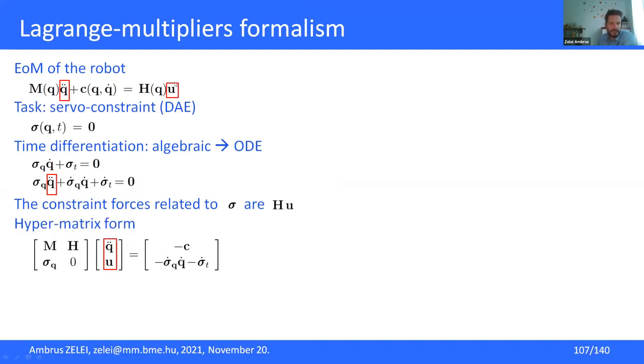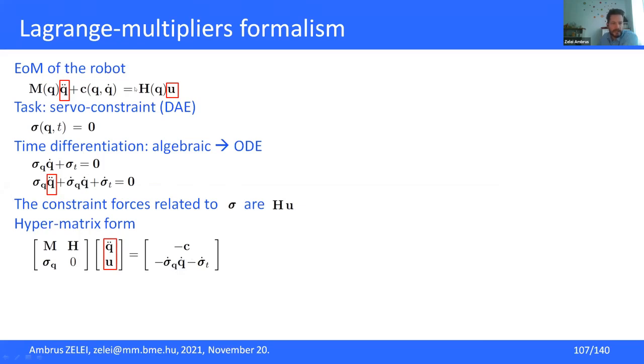And this term actually is responsible for the constraint forces which help to maintain the servo constraint. So it has a theory in multibody dynamics. So if I have some constraints, there should be some constraint forces. And now the control input itself is the constraint force which helps us to maintain the constraint itself.